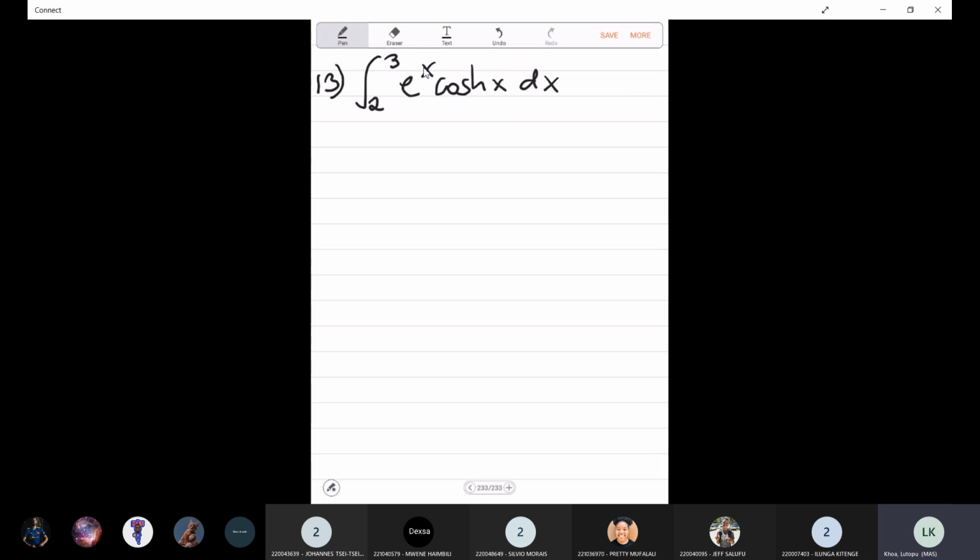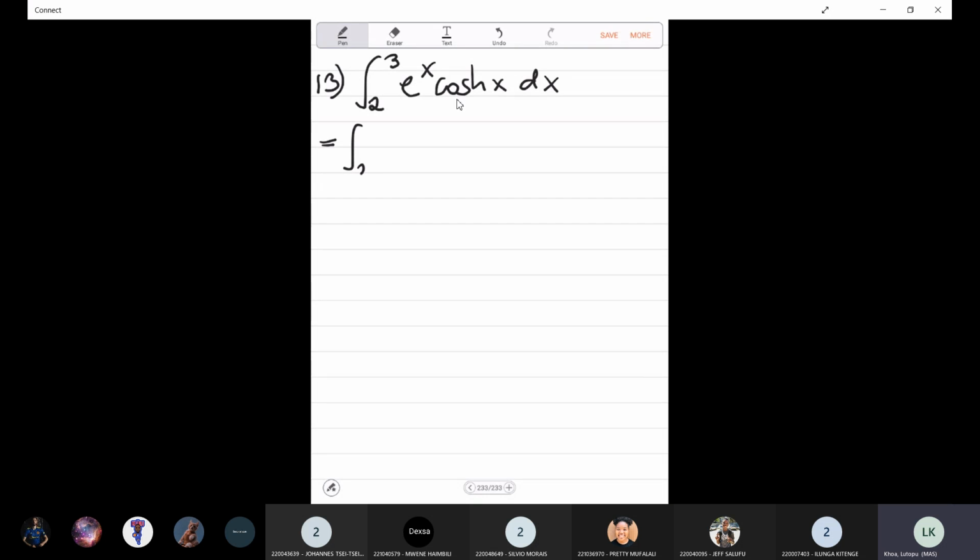So where does this e to the power of x, or what does it have to do with the derivative of this? So this is when you have to remember that hyperbolic cos of x means e to the power of x plus e to the power of minus x divided by 2. So you write this in terms of e to the power of something.